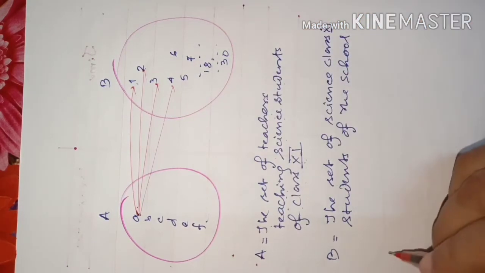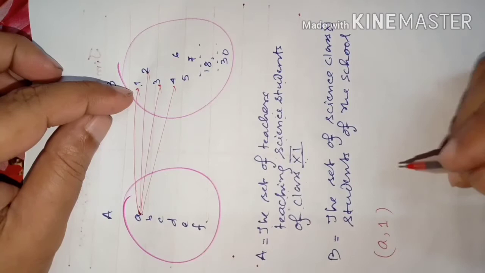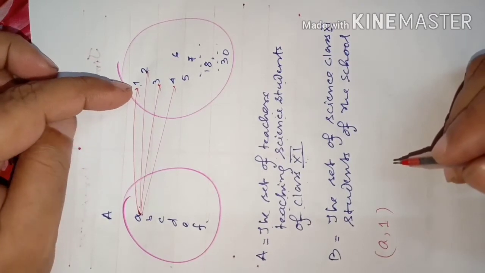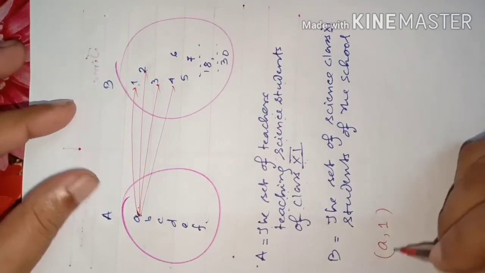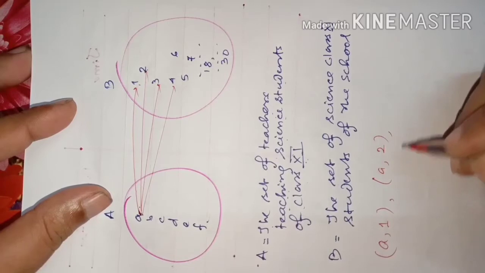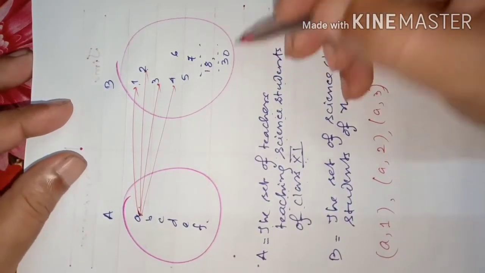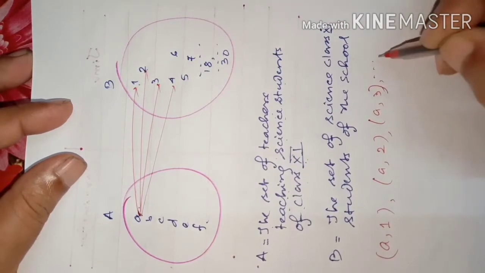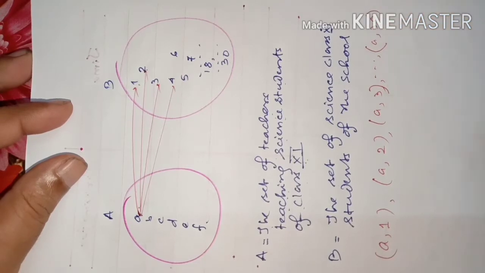So then we will say A and 1, suppose roll number 1, that is a student whose roll number is 1. So A and 1 connected, A and 2 also connected, A and 3 also connected. That way, suppose there are 30 students, then it is a whole list of A1 to A30.